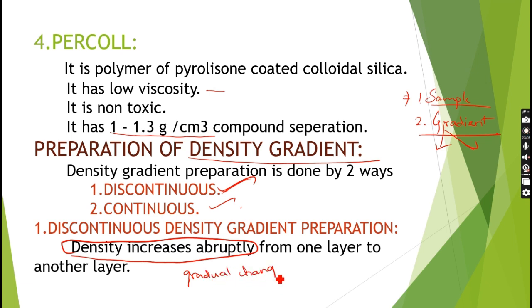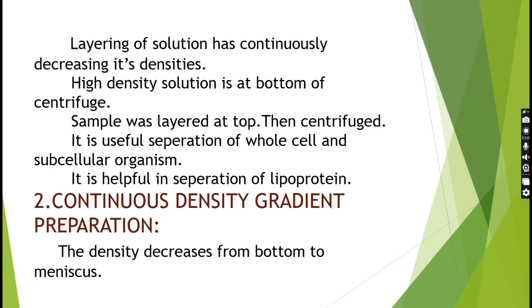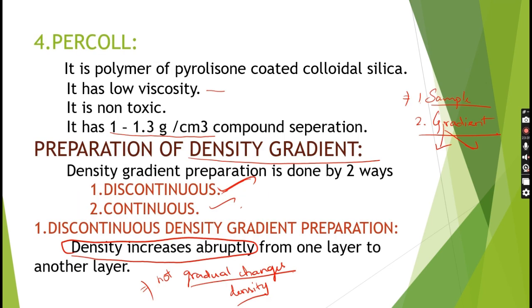Gradual changes in density of a gradient are not possible in the case of discontinuous density gradient preparation. But in the case of continuous density gradient preparation, the density is going to be gradually changed. In the preparation of a discontinuous density gradient, one layer and another layer are going to have greater differences in density, but the density is going to be in increasing order.